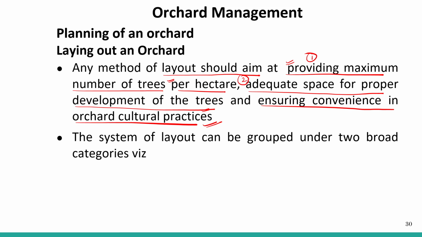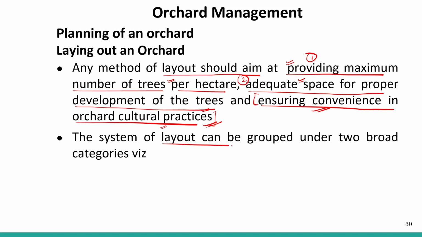So we must plant the maximum number of trees, keeping in mind that we must maintain adequate space for proper development of the trees and ensure convenience in orchard cultural practices. We must follow some of the important cultural practices for managing the orchard.